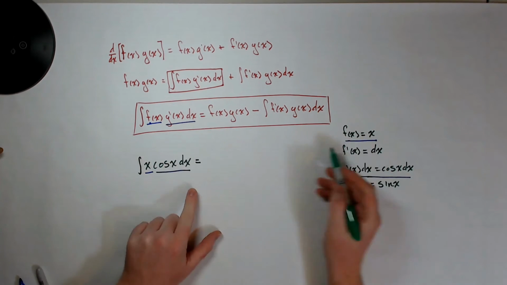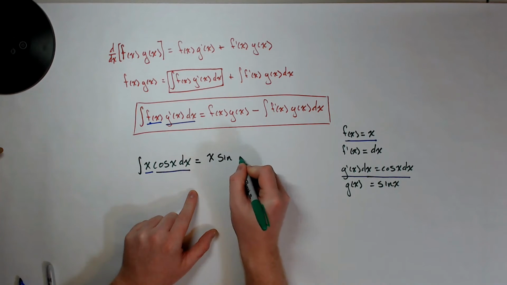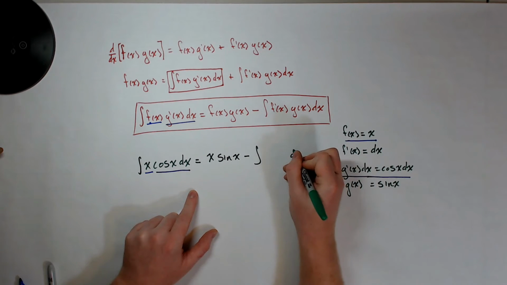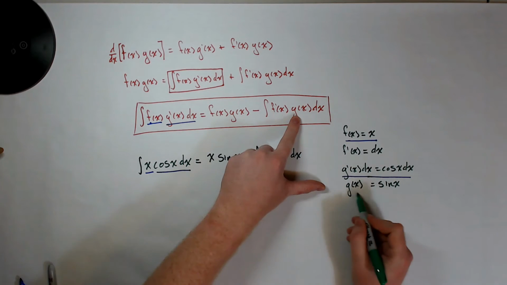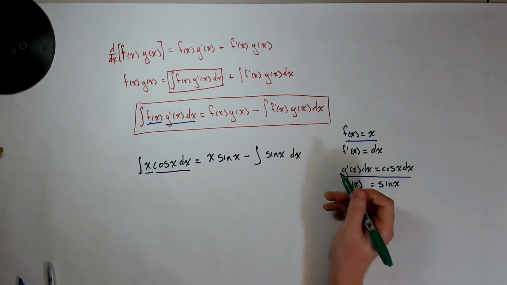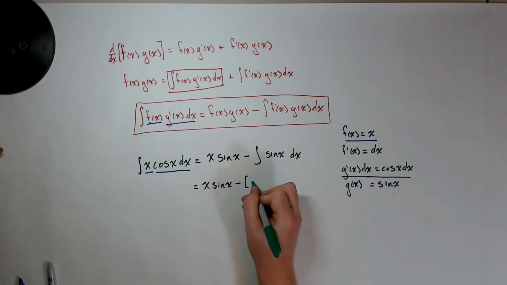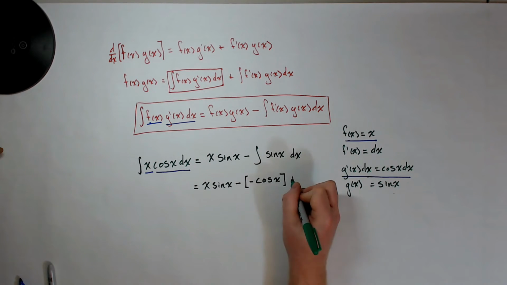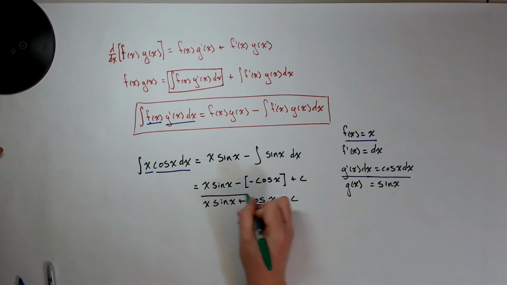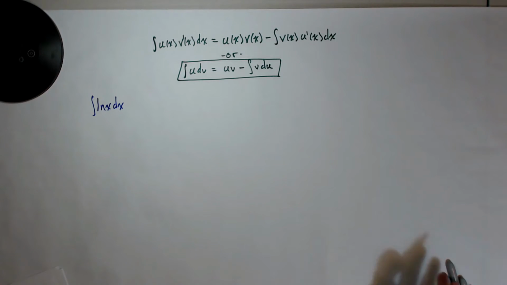On the right side, I simply go through and fill in. f of x was x, g of x is sine of x, minus the integral. f prime is just dx, and g was sine of x. Now this integral is something that I can solve. I know the integral of sine x is negative cosine x, and minus a negative gives me a positive, so the integral of x cosine x dx ends up being just x sine x plus cosine x, plus c, of course.